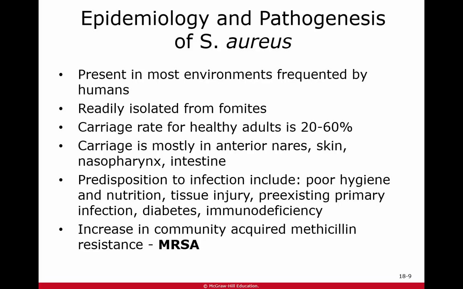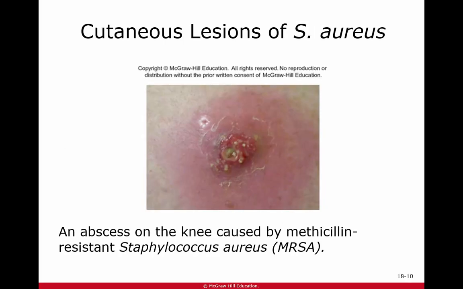Also, people with diabetes or that are immunodeficient. And this is causing an increase in MRSA, the methicillin resistance that we hear so much about. This is an abscess of the knee that's caused by the methicillin-resistant Staph aureus.